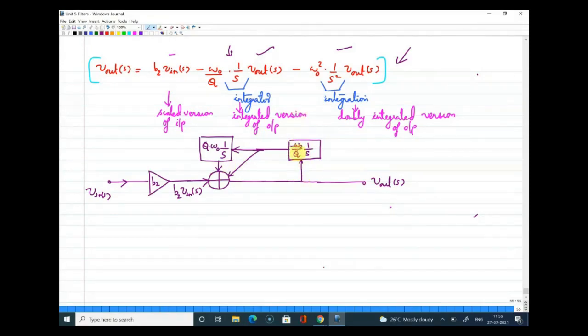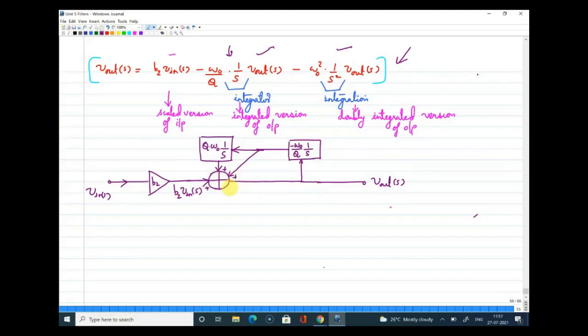Since omega naught by q is already available here, I am just suitably adding q and omega naught to get the exact term. But one thing you can observe is that a minus sign is coming from here, so that minus is available here also. All right, so I need to put a plus sign all over here. So this is plus, and this is plus, so that V out of S will be the expression seen above.